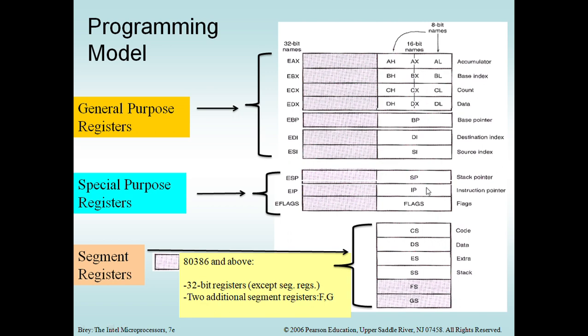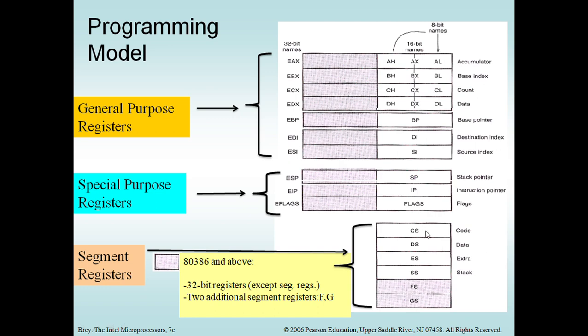This area, which is the 16-bit registers, is available in the 8086, 8088, and 80286 microprocessors, which are 16-bit microprocessors. In modern microprocessors, Pentium, Intel Core, and the latest microprocessors are available with 64-bit extended versions as well.